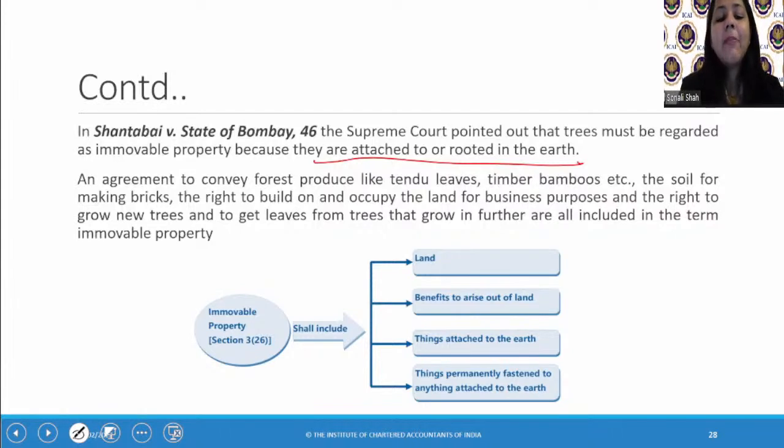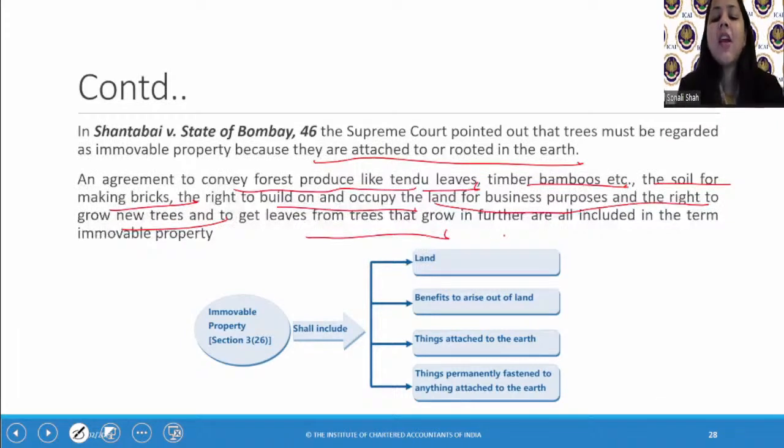Similarly, an agreement to convey forest produce like tendu leaves, timber, bamboos, etc., soil for making bricks, right to build on and occupy the land for business purpose, right to grow new trees, to get leaves from the trees, are all included in the term immovable property.